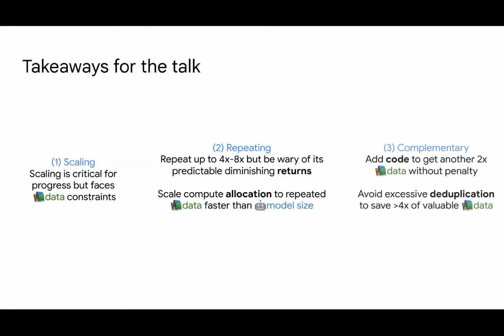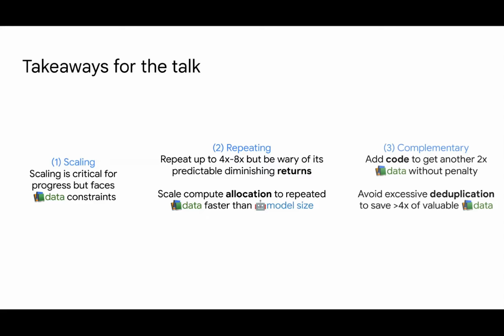To summarize the takeaways from this talk, we first described the general problem of scaling and how it works in the absence of data constraints. We then looked at the use of data constraints and saw that we were able to get around them by repeating 4 to 8 times with diminishing returns. Using these experiments, we hypothesized that we could build a mathematical model that would help us extrapolate the role of scaling.